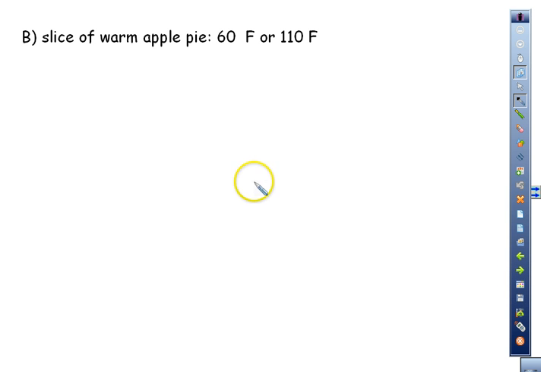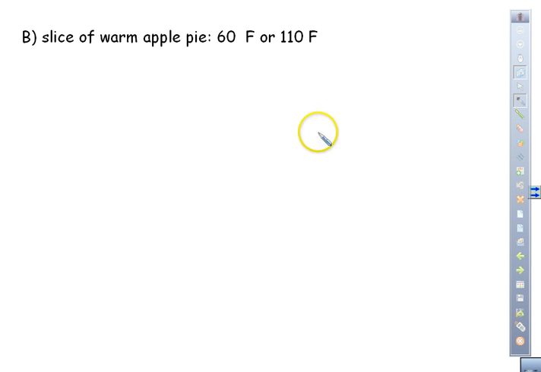Let's take a look at this next one. A slice of warm apple pie. So go ahead and hit pause and see what you come up with for this. Well, when we look at warm apple pie, trying to decide whether it is 60 degrees, is that warm, is that cold, is 110 going to be too hot?